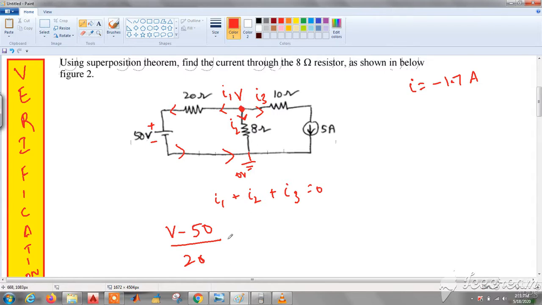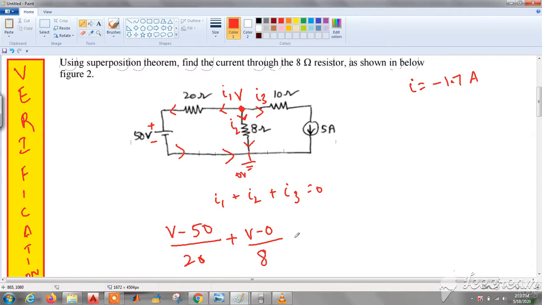Coming to I2. So plus I2. I2 value also we don't know, what the current is flowing in this branch. So for I2, only one voltage is present, that is V. We can also consider this as 0 volts. So V minus 0 divided by R. What is R? 8 ohms.